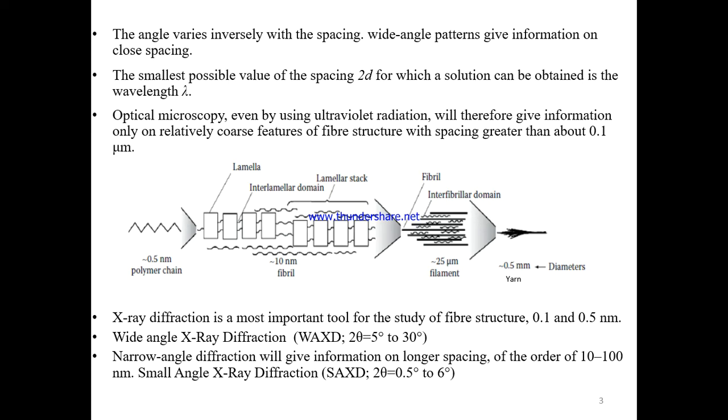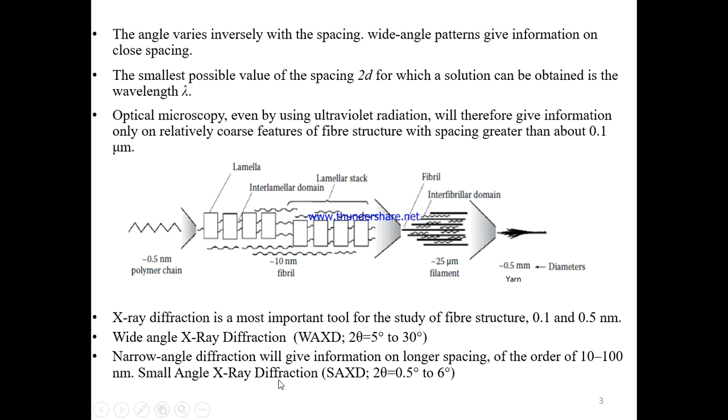As I have mentioned, if you use a wider angle of theta, ranging from 5 degree to 30 degree, that principle is called wide angle X-ray diffraction, WAXD. Wide angle X-ray diffraction gives you information about much closer spacing.